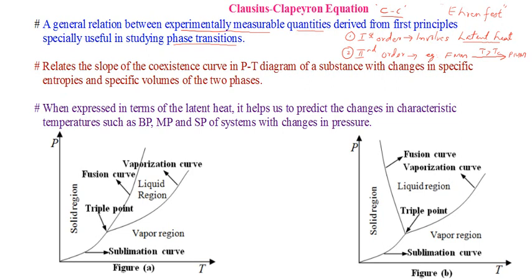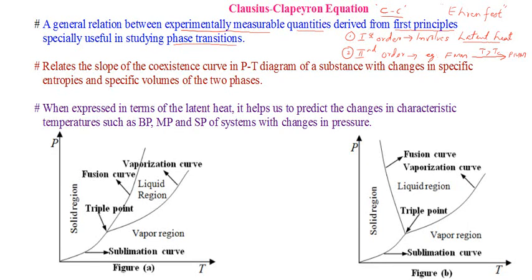First principle means it has a sound theoretical basis. You don't get it empirically or experimentally, but you have a solid theoretical foundation. It is especially useful in studying phase transitions, so this is the arena where you apply the Clausius Clapeyron equation.